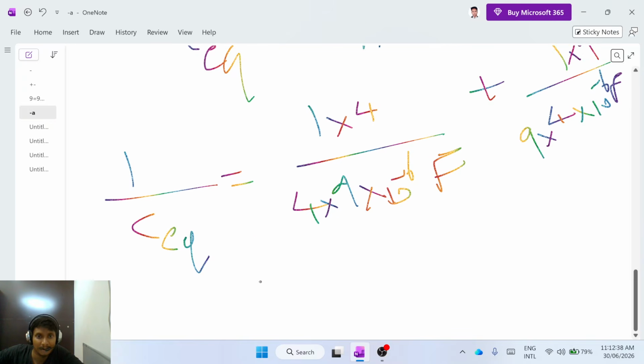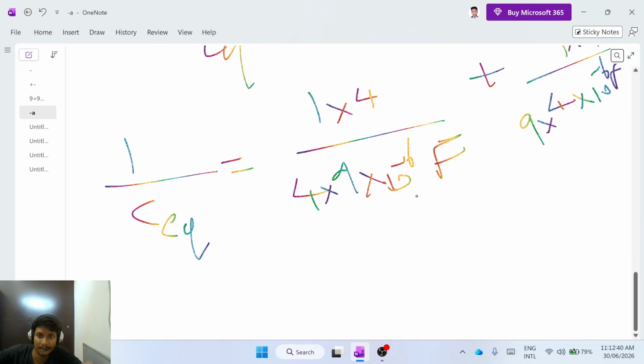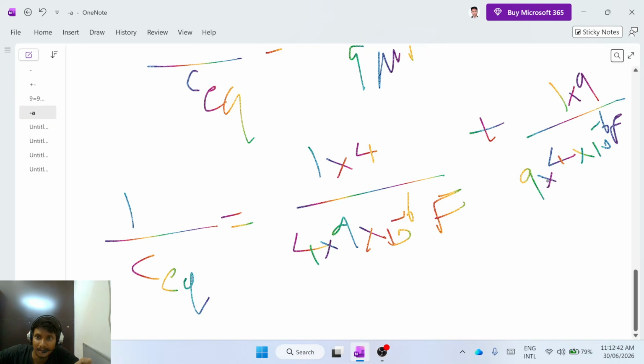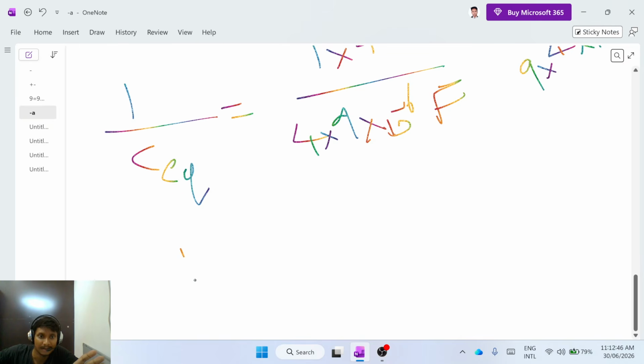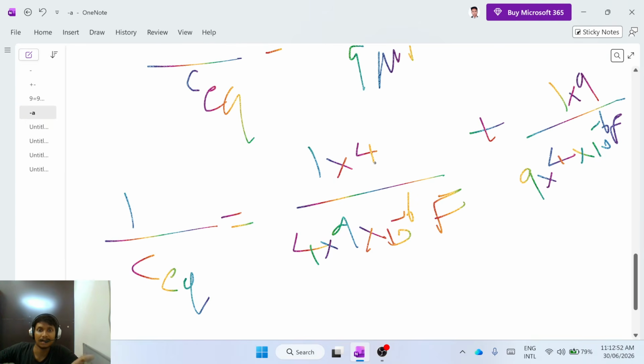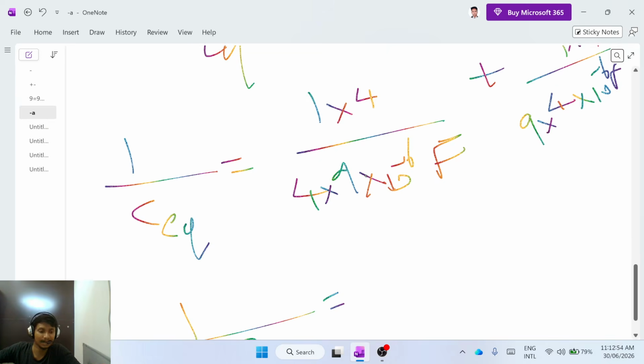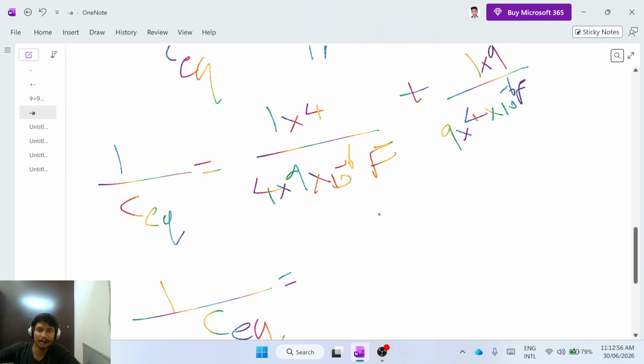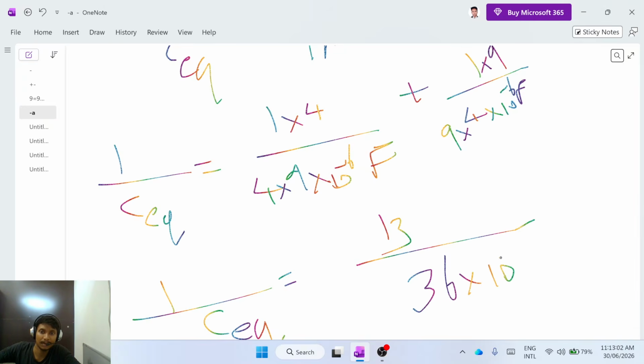Now the denominator is the same, 36 into 10 to the power minus 6 farad, in both terms. Therefore, we can sum directly: 4 plus 9 is equal to 13, divided by 36 into 10 to the power minus 6 farad.